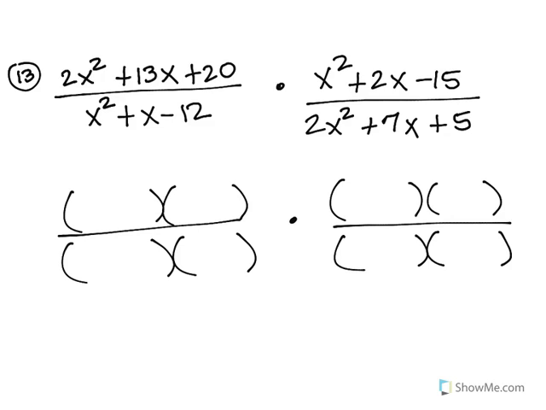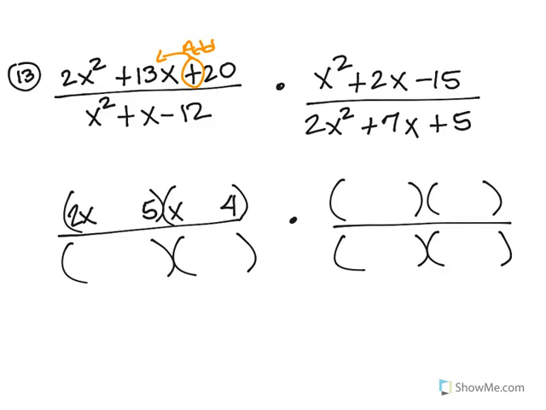And so on top, we are adding to get that 13. So we're going to have 2x and x. And then with 20, you have some options, but we're going to use 4 and 5. And you know 4 has to be in the parentheses with the x. It can't be in the parentheses with 2.